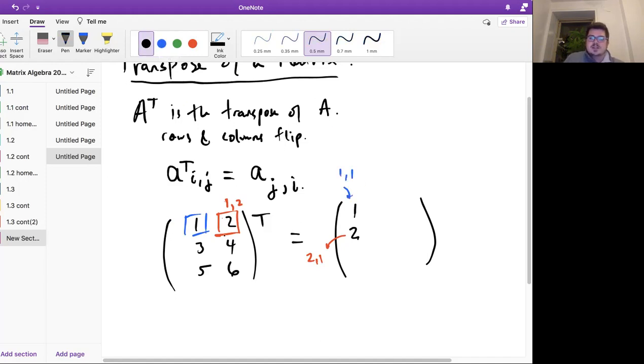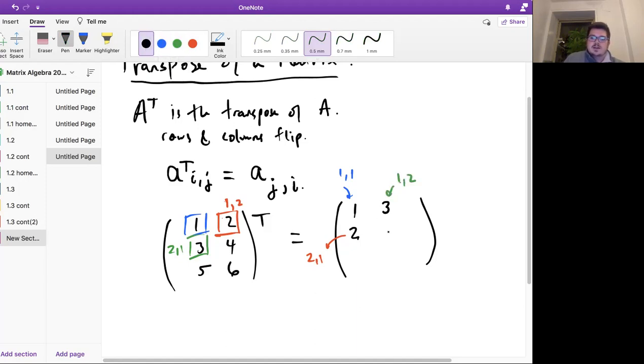So we keep doing this. This is the entry 2, 1. So where does this entry go in the transpose? Yes, 1, 2.